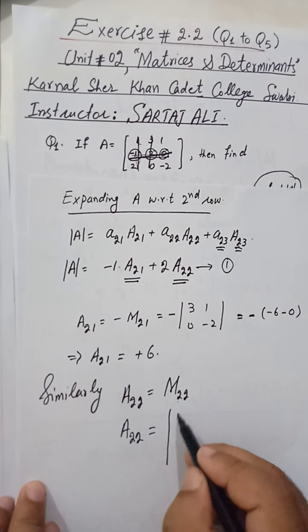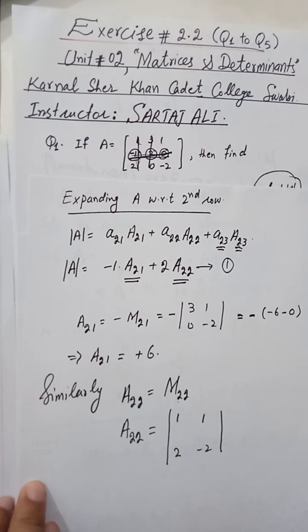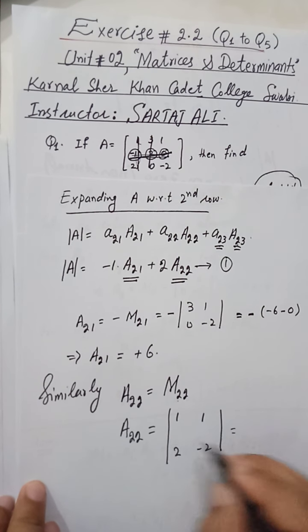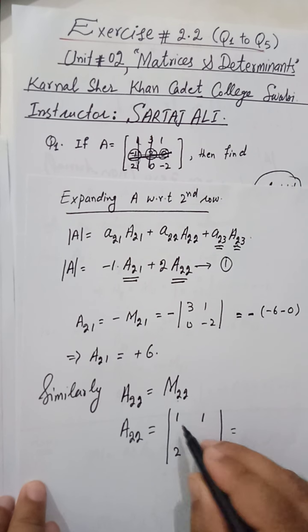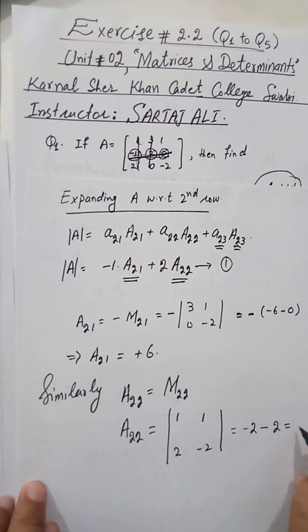The rest of the matrix is 1 1 2 minus 2. Taking the diagonal elements minus the non-diagonal, from here you will get minus 4.